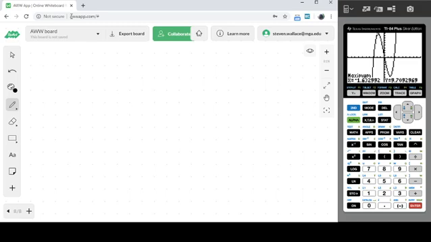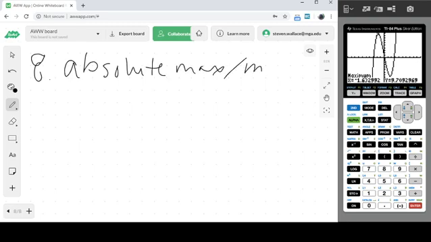Absolute max is another thing that you'll have to do. Those are the absolute highest y value or lowest y value of a function, a polynomial function in this case.